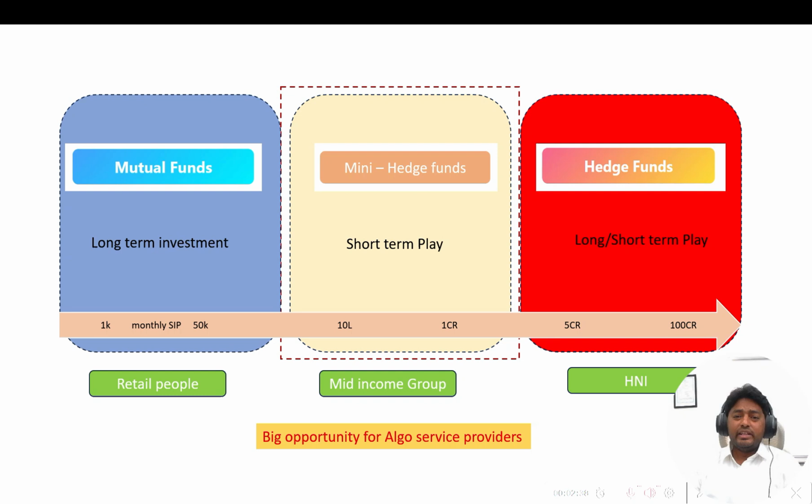So there is a new segment which is totally unorganized, and it's not something which is kind of matured, in the sense that, first of all, we call it mini hedge funds because these people trade for short-term gains, and they don't invest; they kind of trade, right?